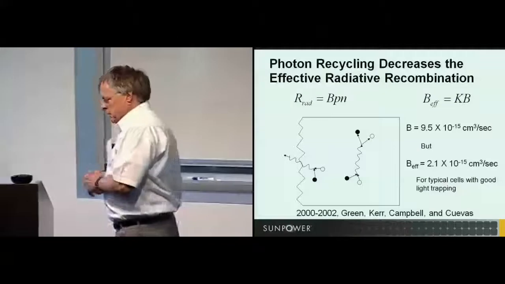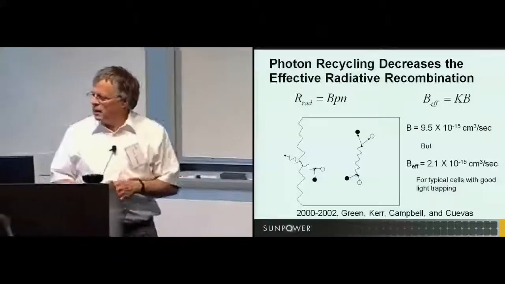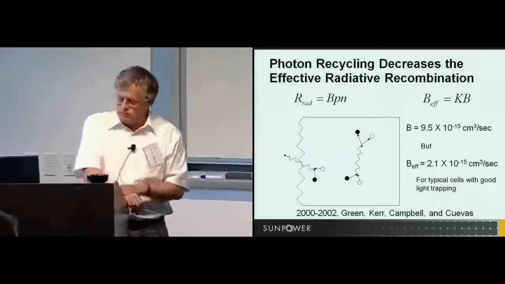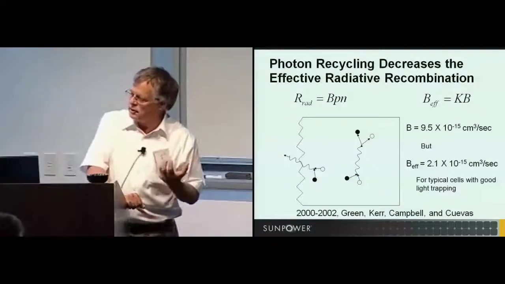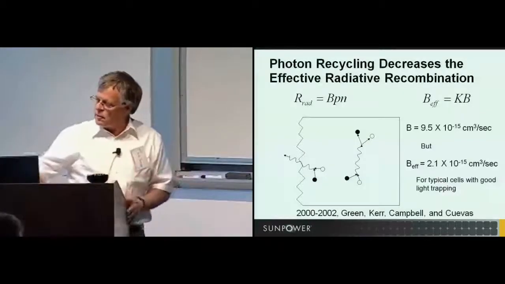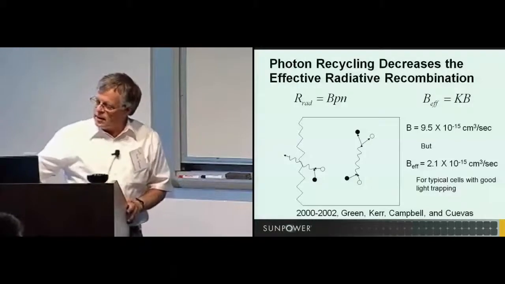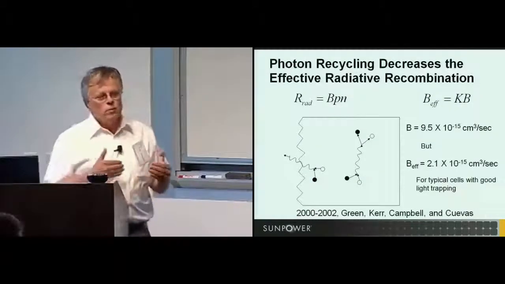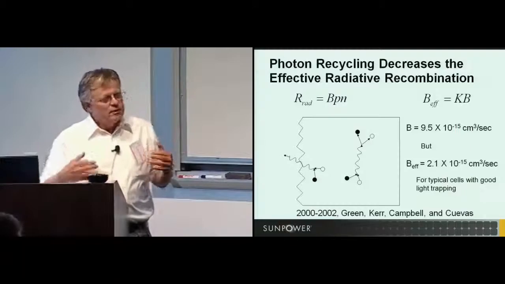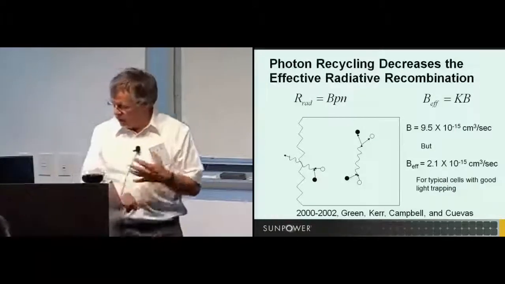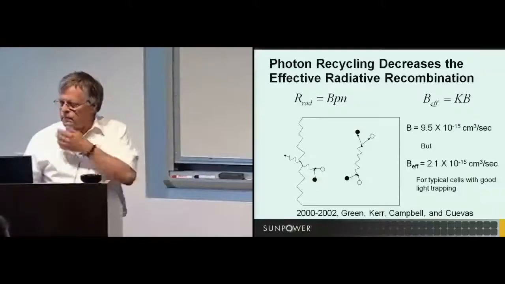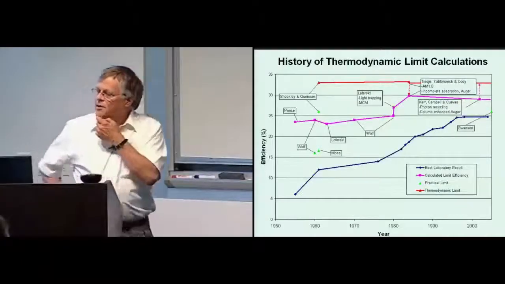In any case, it turns out that the photon recycling in a silicon cell takes that radiative coefficient from 9.5 all the way down to 2.1. So it reduces the impact of this radiative emission because of the reabsorption within the cell.